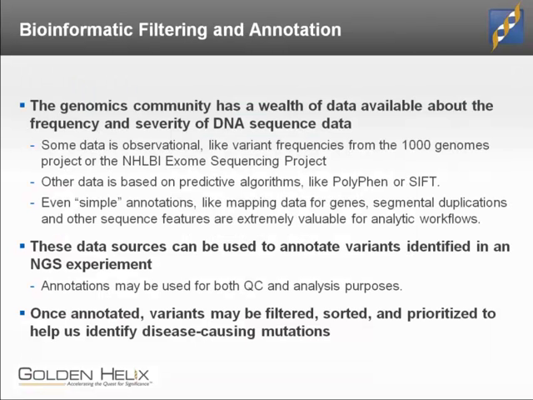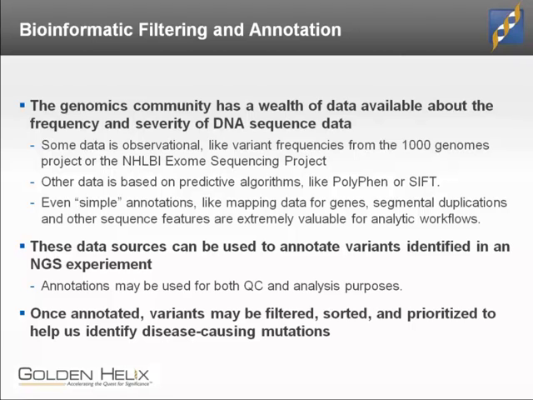And that brings us to this concept of bioinformatic filtering and annotation, or really it's what Jay Flatley was getting at, talking about using all these catalogs of information. And I would imagine that a lot of you here in the room today are already doing this kind of thing, but we have a wealth of data, huge databases coming from NHGRI and others that we can access to learn more about genetic variation.